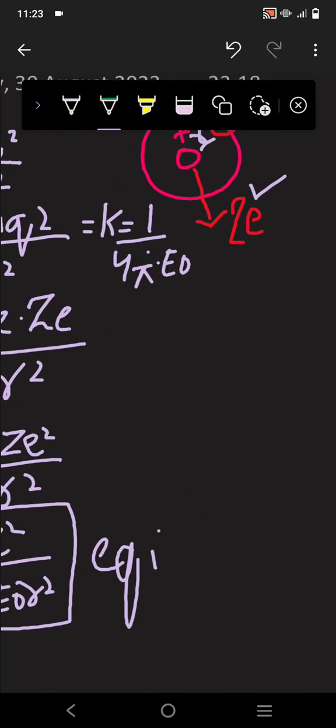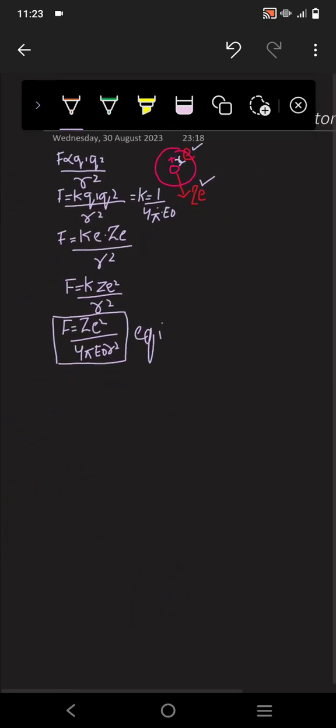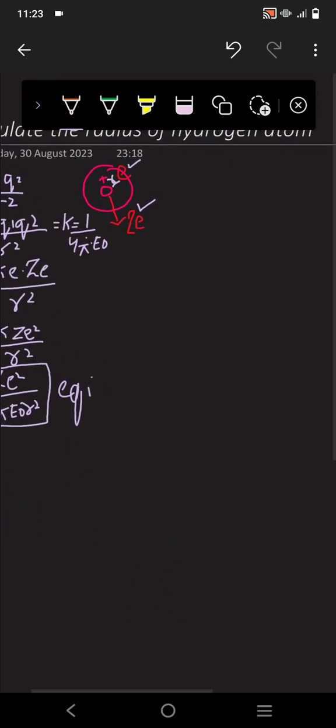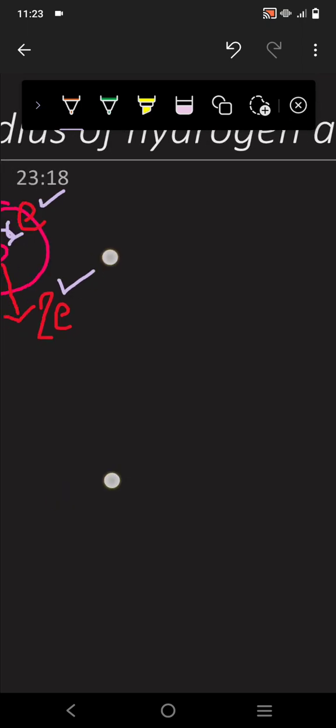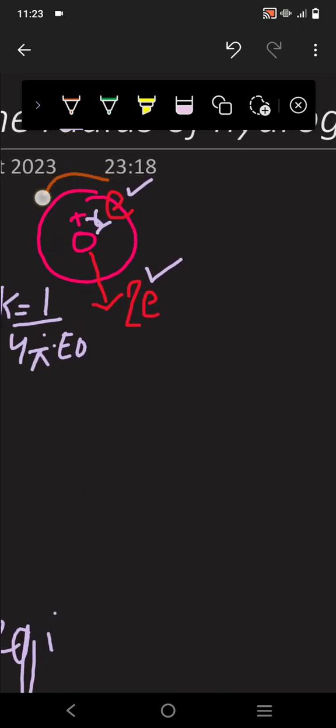Now on the other hand, we're gonna do equation number 2. As we know, the electron moves in a circular path. Why does the electron move, and how does it move? Let me just tell you.